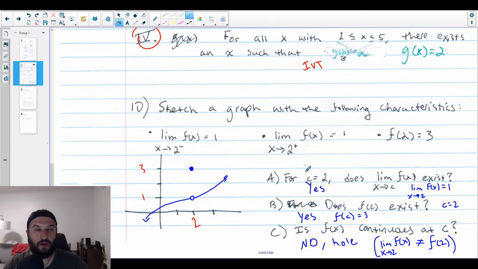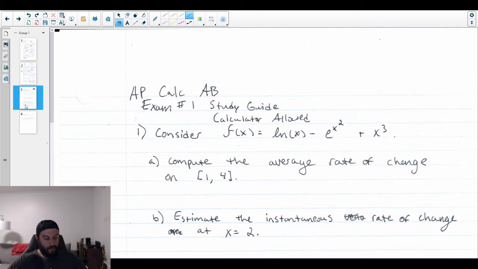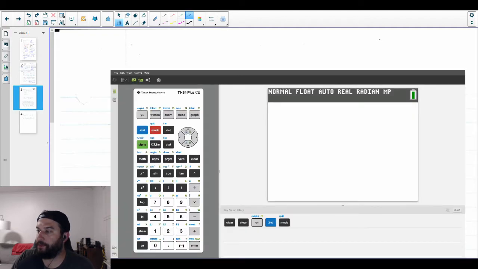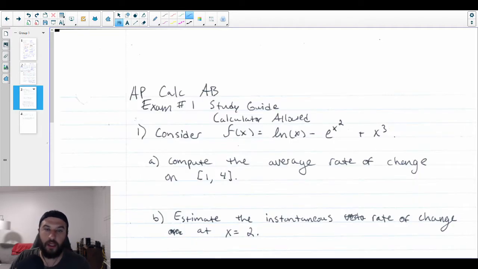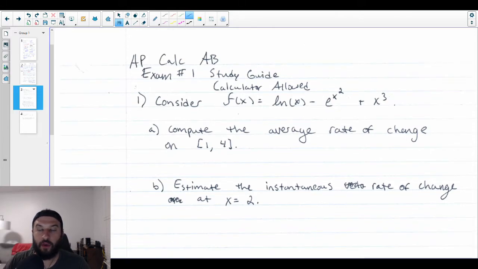And that is the whole non-calculator section. Time for the calculator section. All right, have my calculator up here. On the calculator section, anytime you're given a function, plug it in.